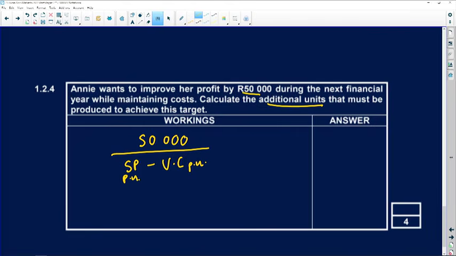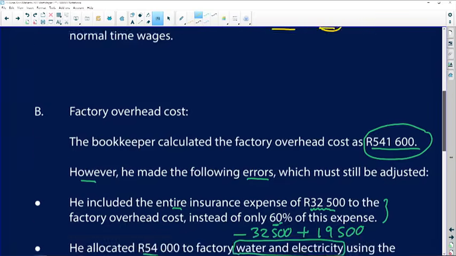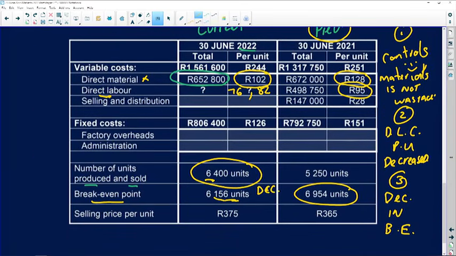The selling price per unit, if we go back to our information, let's scroll all the way down to information C. So the selling price per unit, 375. And then variable cost per unit, you might not be able to see it, so let me just clean this up. There we go. Here's our variable cost per unit. We don't have to work it out. It's given to us as 244.